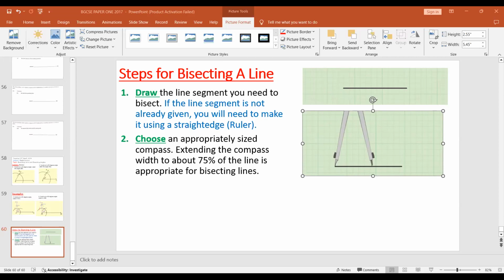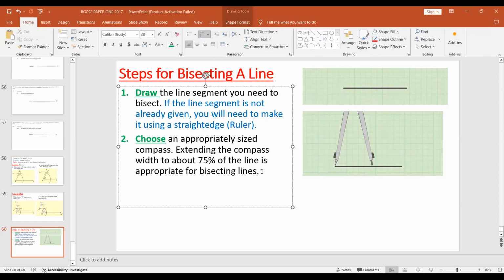So you have the line segment, you already chose an appropriate size, and steps 2 and 3 can be seen from this particular picture.